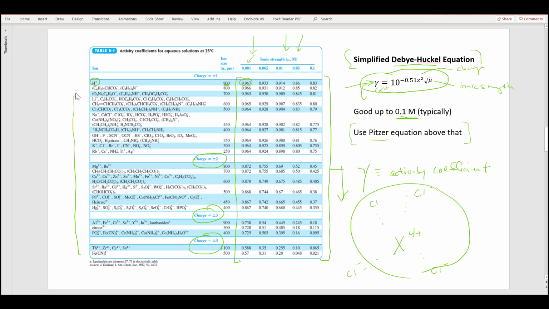Huge shielding effect make it less available to participate in its equilibrium reactions, so essentially rendering its apparent concentration lower. And that's what you see all the way down here. If you've got these large 4+ or 4- ions, the concentrations become very, very different from the activities, simply because of their size and their charge.